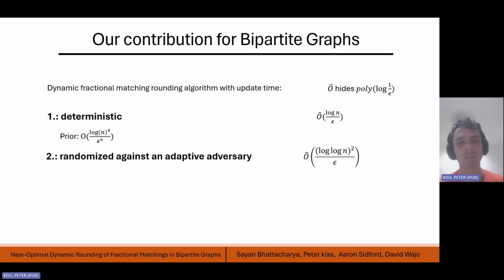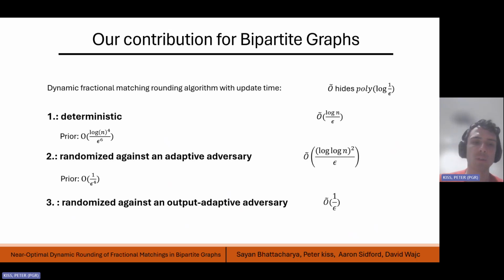This concept of adaptive adversary is important for dynamic algorithm design, as dynamic algorithms are very often used as dynamic data structures, where future updates to the data structure itself might depend on the state it takes based on previous updates. Such algorithms all had update time at least 1 over epsilon to the 4th in the literature.